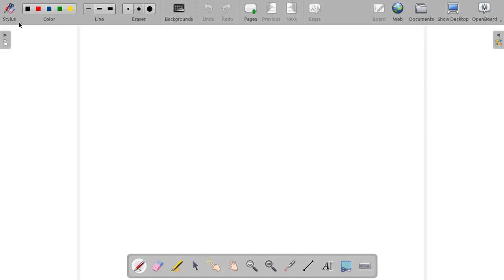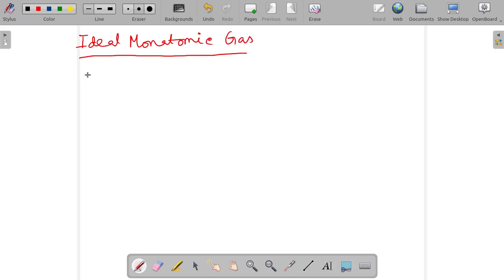So in this lecture, for an ideal monatomic gas, all we need to find is nothing but the all powerful Z, the so called partition function.